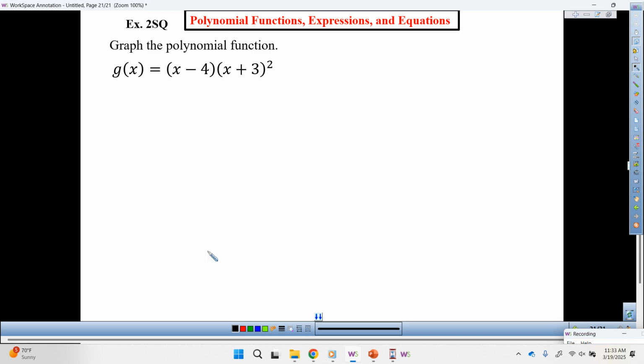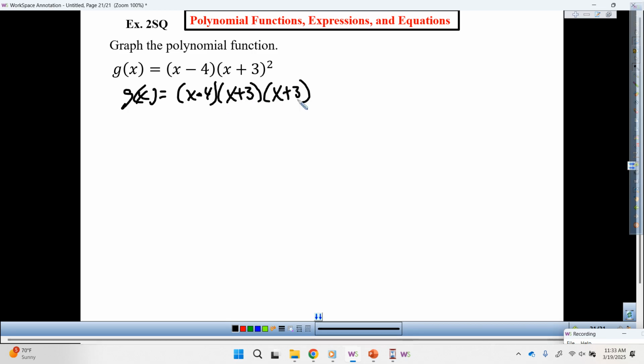All right, step 1. Is it in factored form, people? No. g of x equals (x minus 4)(x plus 3)(x plus 3). Next step, set it equal to 0.